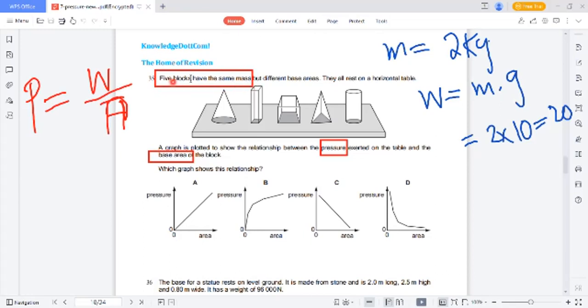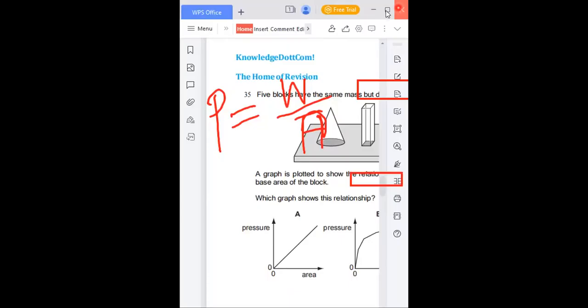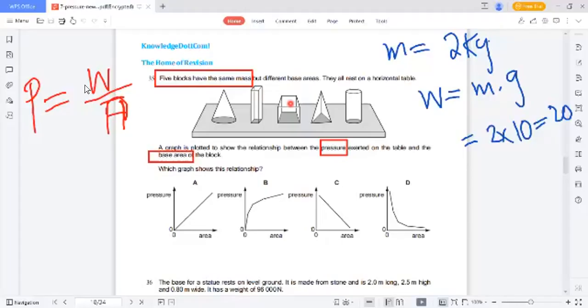When all have same mass, it means all of them will have same weight. So weight is going to be a constant quantity in this question. So you can consider this weight as a constant quantity. So I can write it as 1 over area, and it would be a constant.